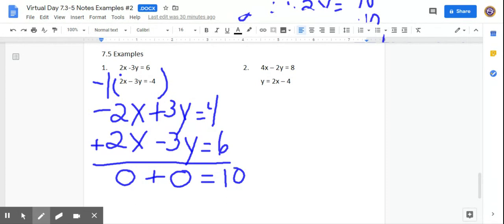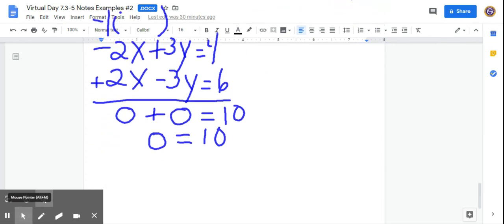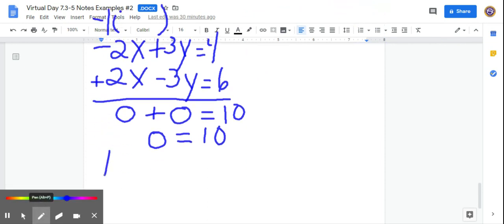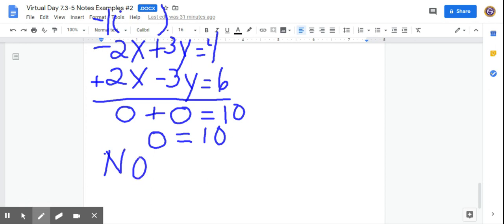What happens when the variables are eliminated? We have a choice, all real numbers or no solution. Does 0 equal 10? No, it does not. So there are no solutions.